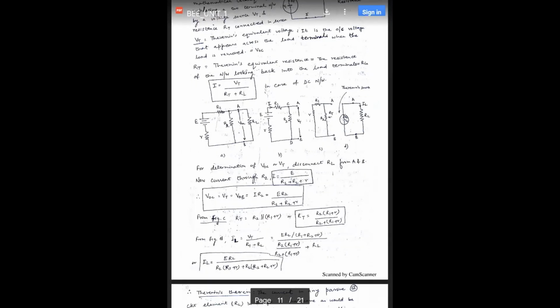Suppose this is the circuit in which this EMF is given. The EMF is denoted by E, and it has an internal resistance of R. This internal resistance is placed in series with the battery source.